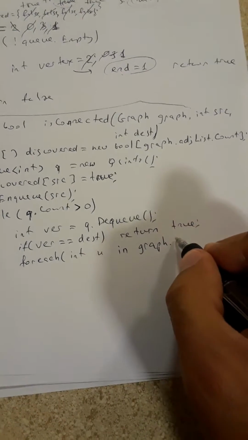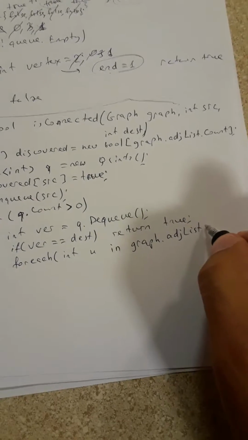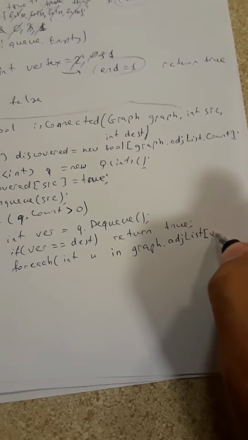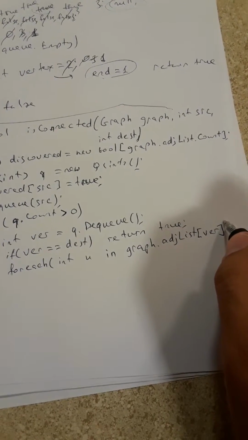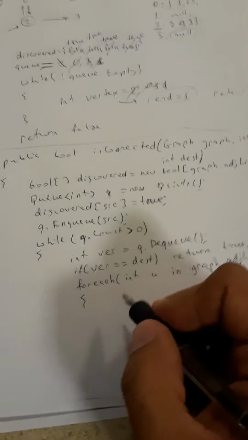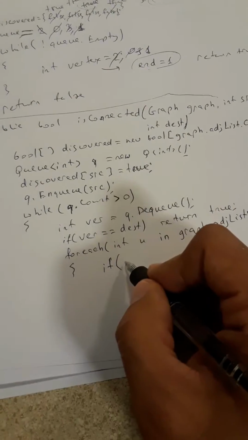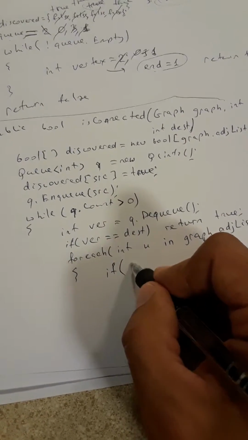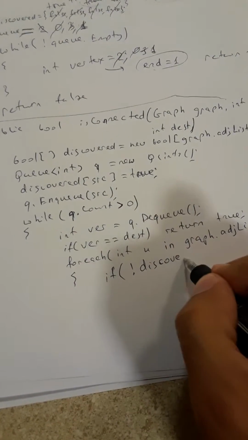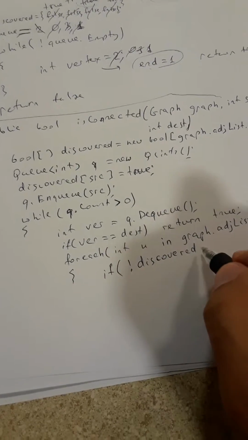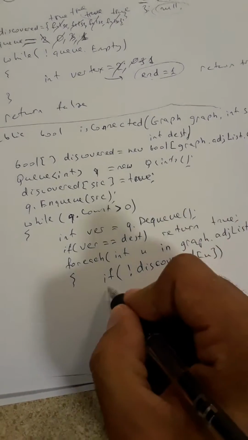So in our case it will be graph adjacency list at vertex index, and we will check if we considered this edge before or not. So we check if our discovered array is false at u.